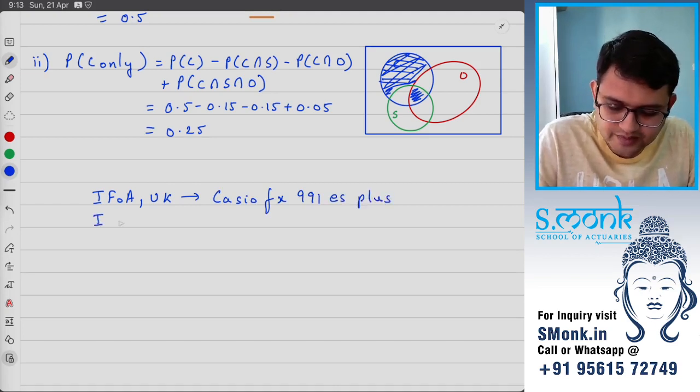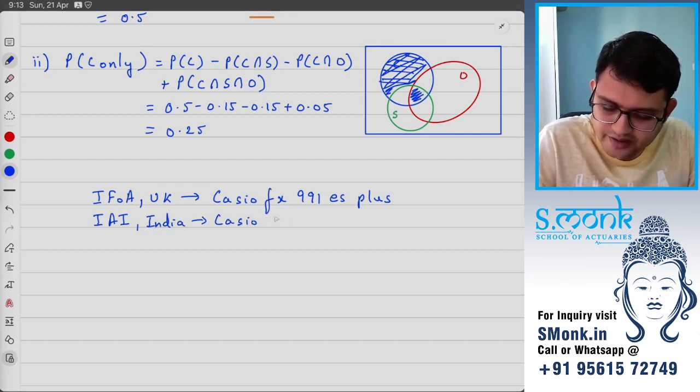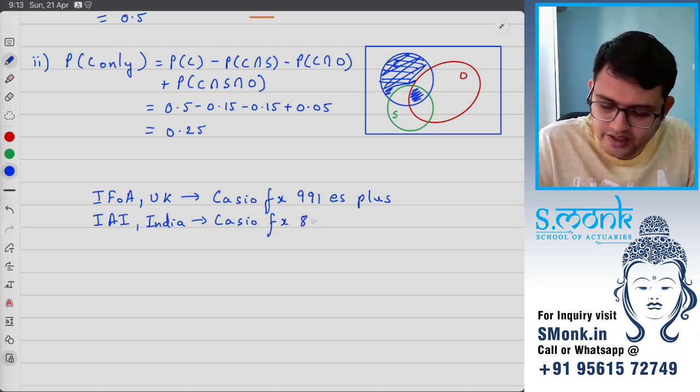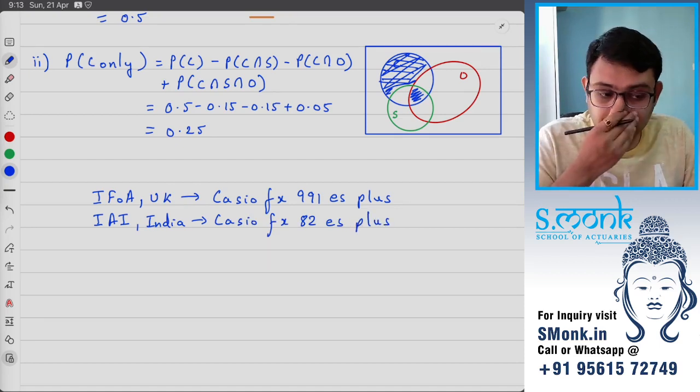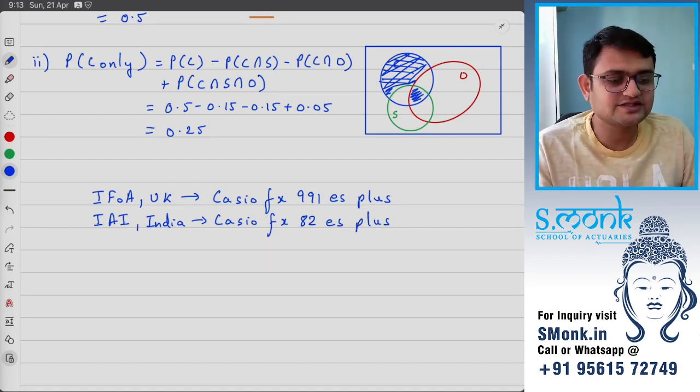If you're giving the examination from IAI, that is the India Institute, then the calculator that is recommended is Casio FX 82 ES Plus.